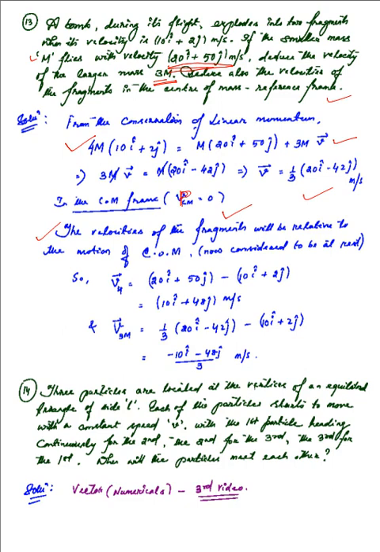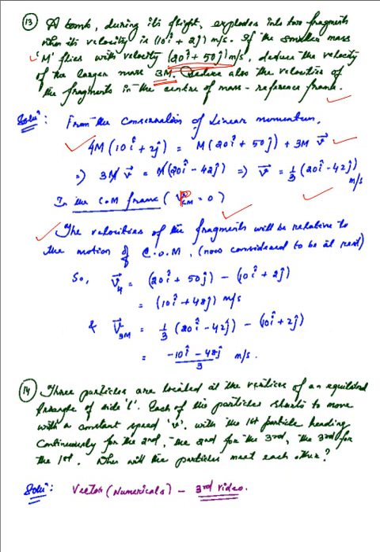So the velocity of the center of mass is what it was moving with initially, and it continues to move like that, and the velocities thus obtained for each of those particles after that explosion are going to be relative.